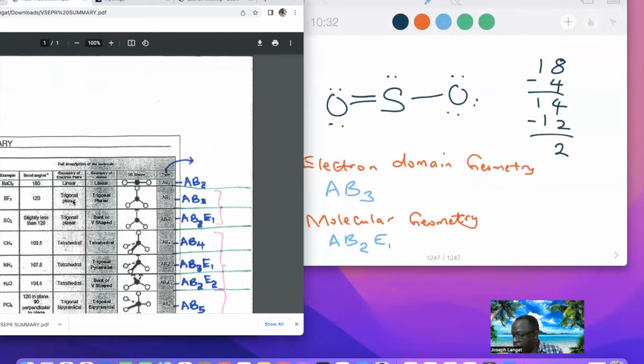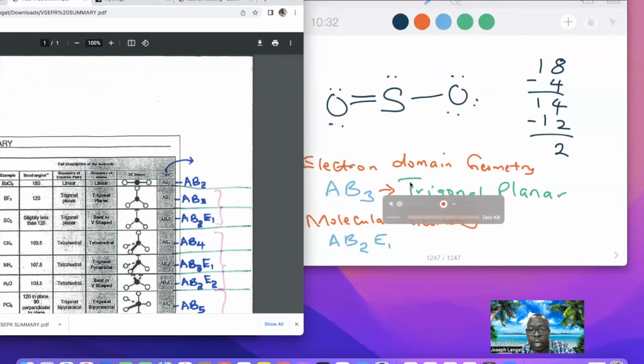So here, this is trigonal planar. How did I end up with this? It's because of AP3. Look at the column: no lone pair. So for electron domain geometry, for AP3, it is trigonal planar.